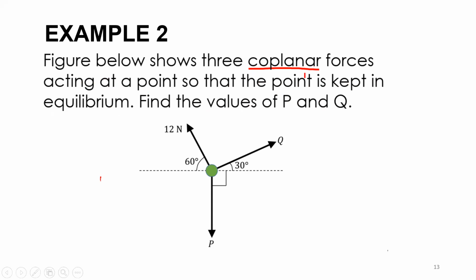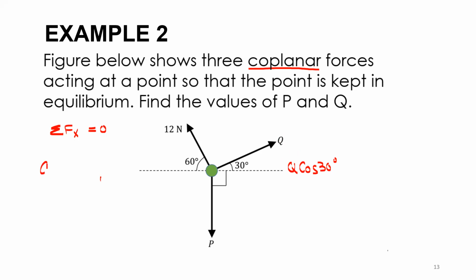Okay. So in order to solve, first I find the resultant for my X. So the resultant for X has to be 0. For X, the force that is acting to the right is Q. When I resolve, this will give me Q cos 30 degrees.